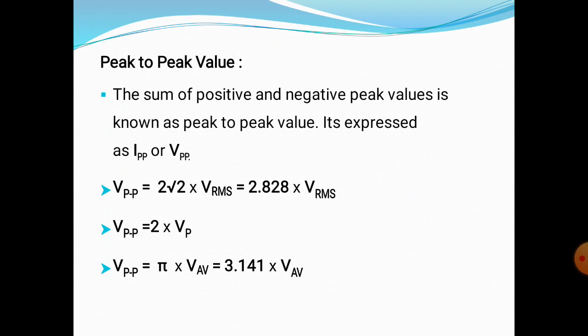The peak to peak voltage can be calculated with three formulas given below. First formula: 2 into root 2 into RMS voltage; second: 2 into peak voltage; and third: pi into average voltage. These are the formulas we use to calculate the value of peak to peak voltage.